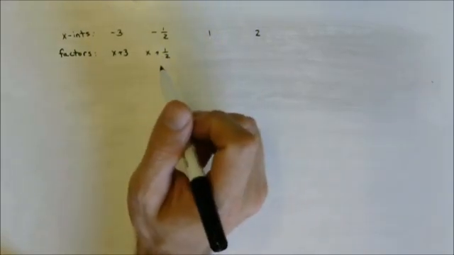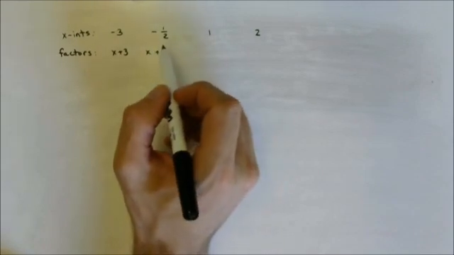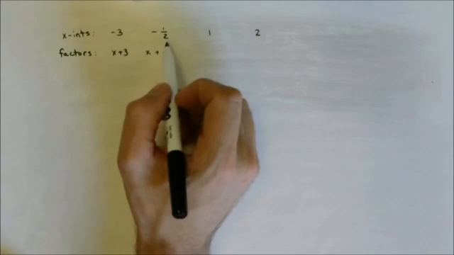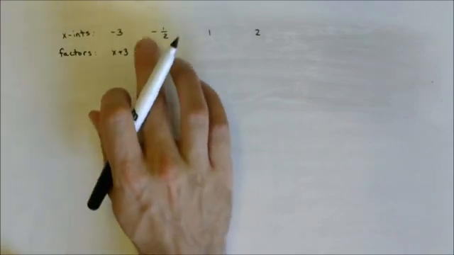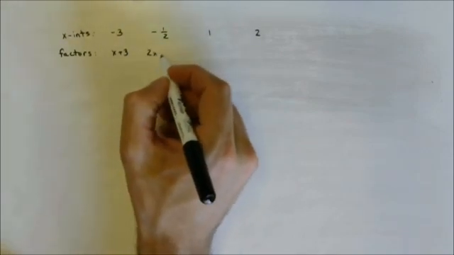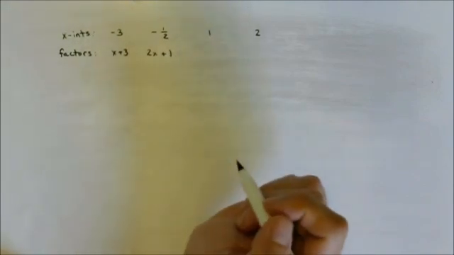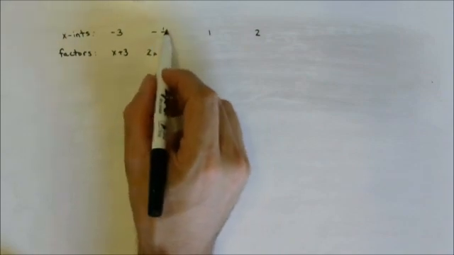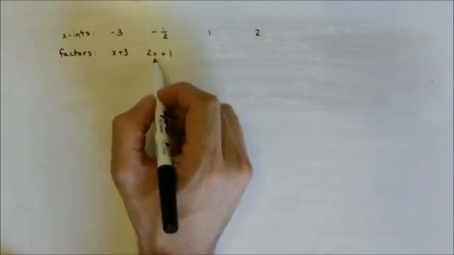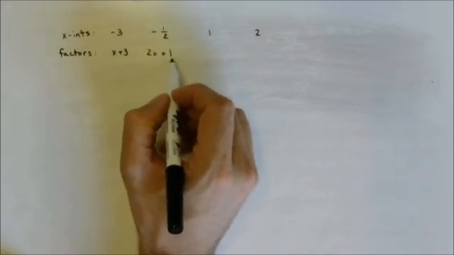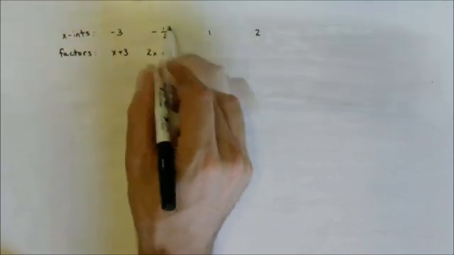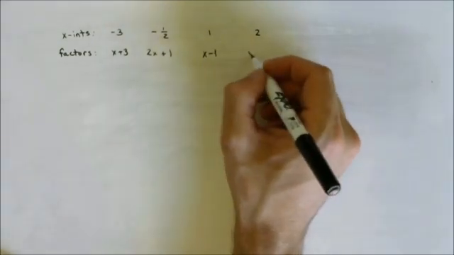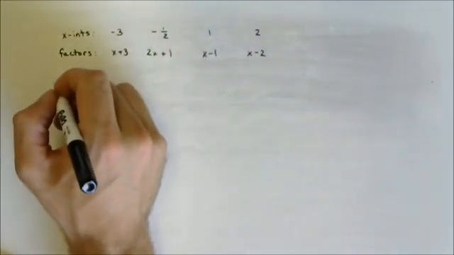But from our factor theorem, we understand that when the zero is a rational number, it's b over a. So what you end up with here is 2x plus 1. And you can double check that by thinking back what happens if I put -1/2 in here. I get 2 times -1/2, which is -1, plus 1, that's 0. So this is a match. Remember to do it that way. Other factors, x minus 1 and x minus 2.